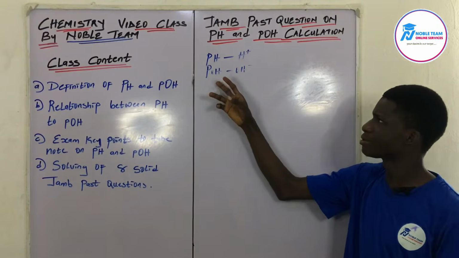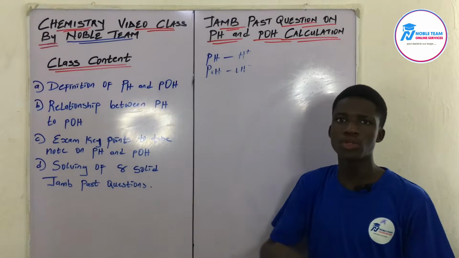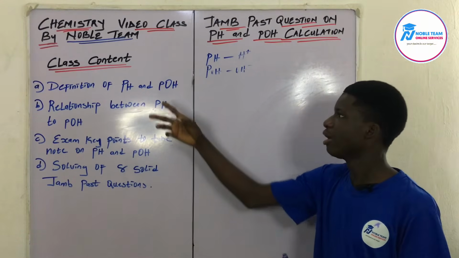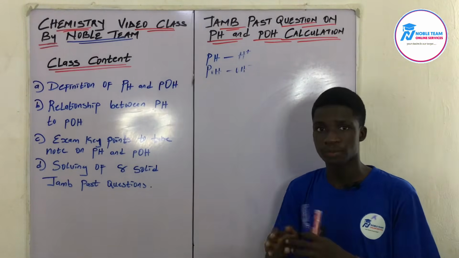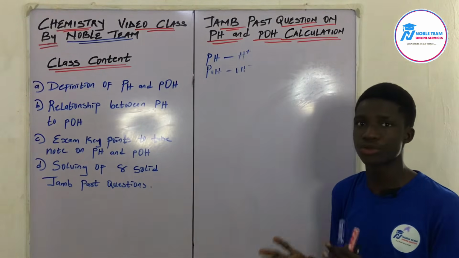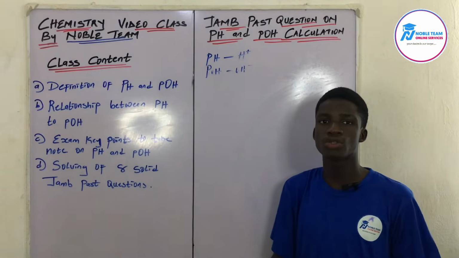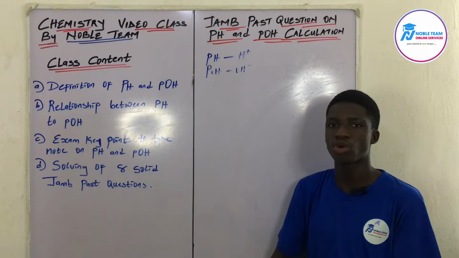Now, we just say pH and pOH, but we don't know the full meaning of it. pH is something that we know normally; it's just potential hydrogen. This pOH, we call it potential of hydroxide.